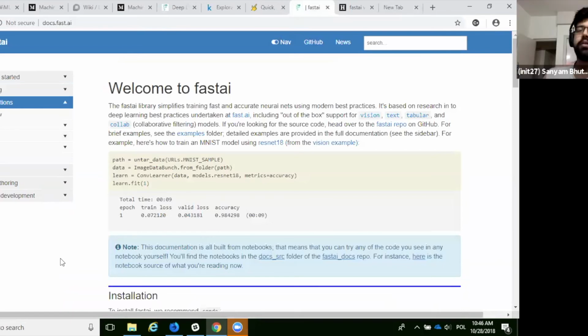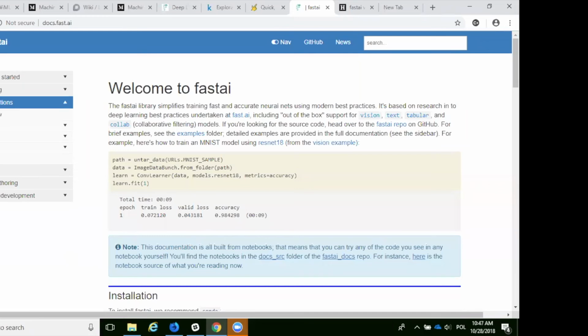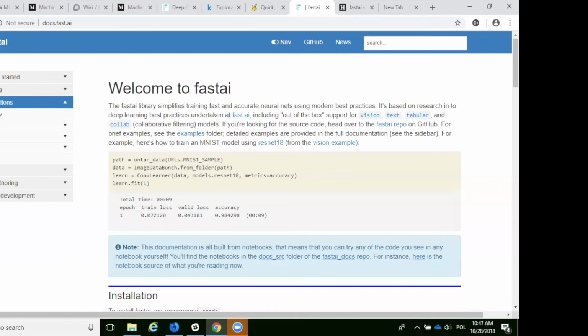In general, I can only guess, looking at the docs page, that they still have vision, text, tabular, and collab. So it seems the same kind of scope as last time. But whether they're going to include all of that in the course, we're only going to see. He didn't mention this time what he's going to cover.